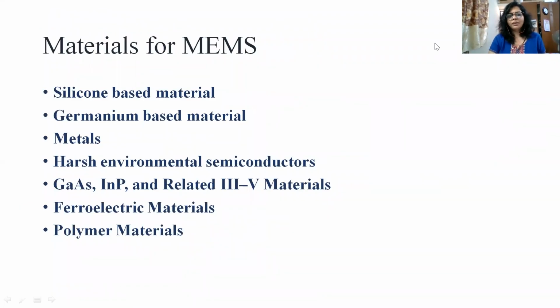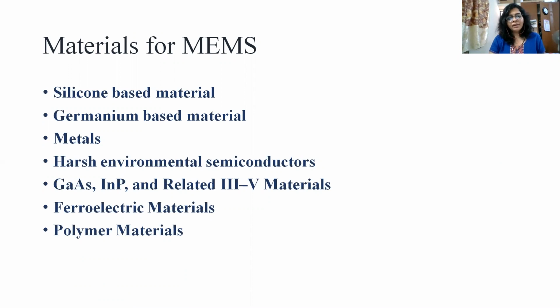So now, these are the materials I will be talking about. They are classified as silicon-based materials, where single crystalline, polycrystalline, amorphous silicon and quartz are included. Then germanium-based materials, where polycrystalline germanium and silicon germanium.